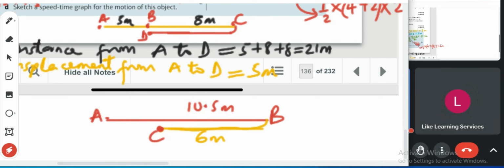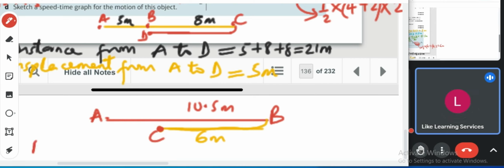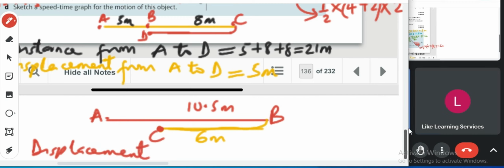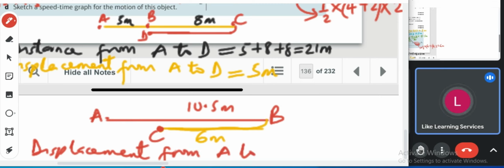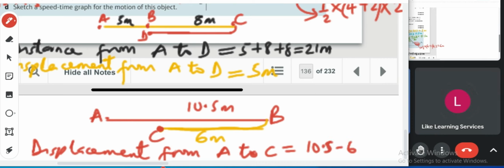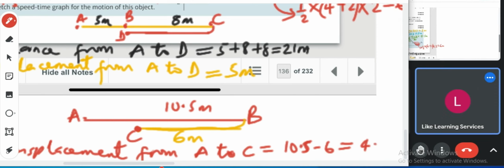So A to C is simply, as you rightly said, 10.5 minus 6, is it not? Yeah. Which is 4.5. But the total distance is 10.5 plus 6.